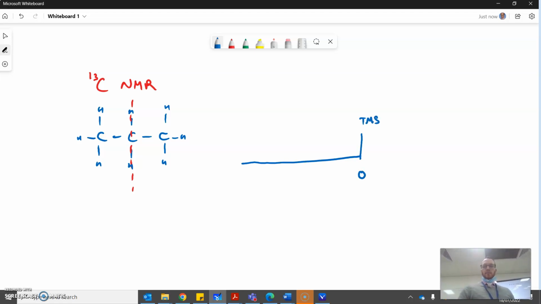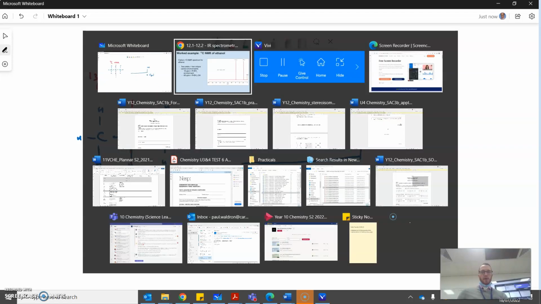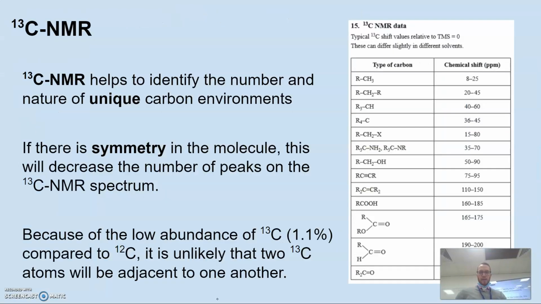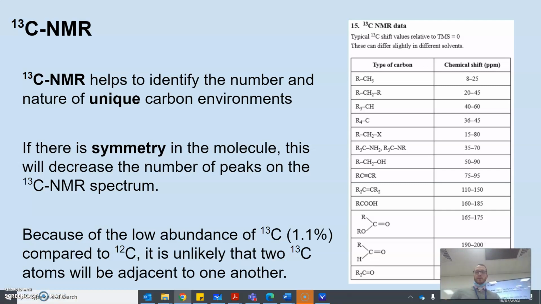At 0 parts per million, or delta in parts per million, is where our TMS is. Looking back to here, notice an RCH3 on carbon 13 appears somewhere between 8 and 25.